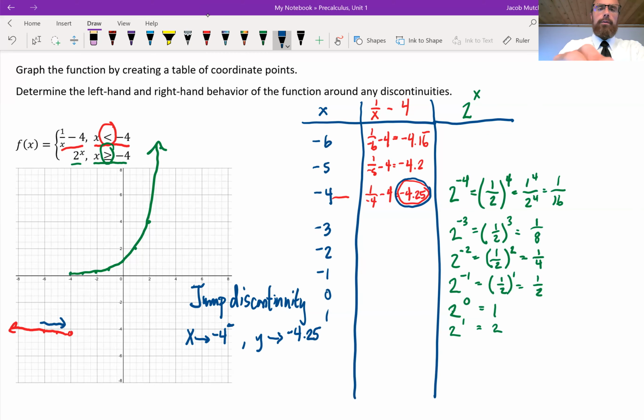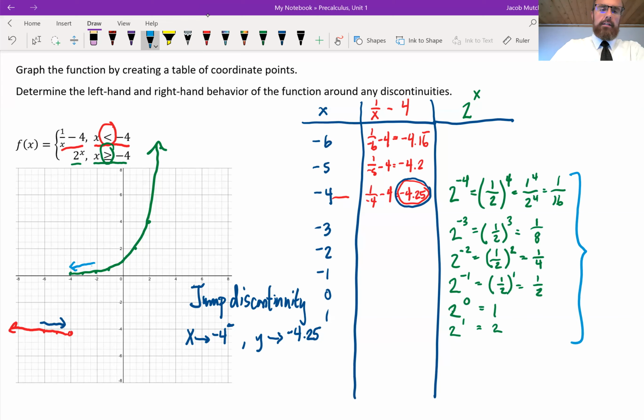Okay, so that's the behavior as we come from the left. As we come to negative 4 from the right, we're up there on that green function. So notice all the right values from negative 4, so negative 3, negative 2, those are in the range of this green function.